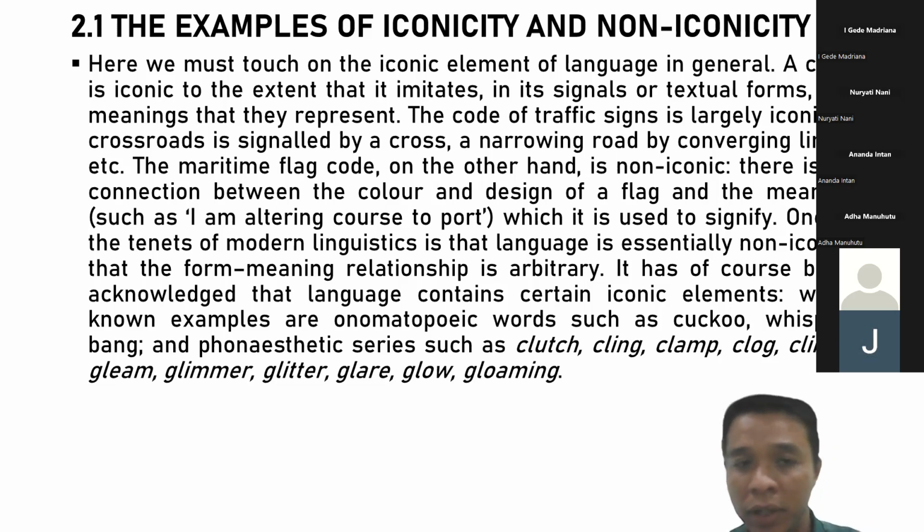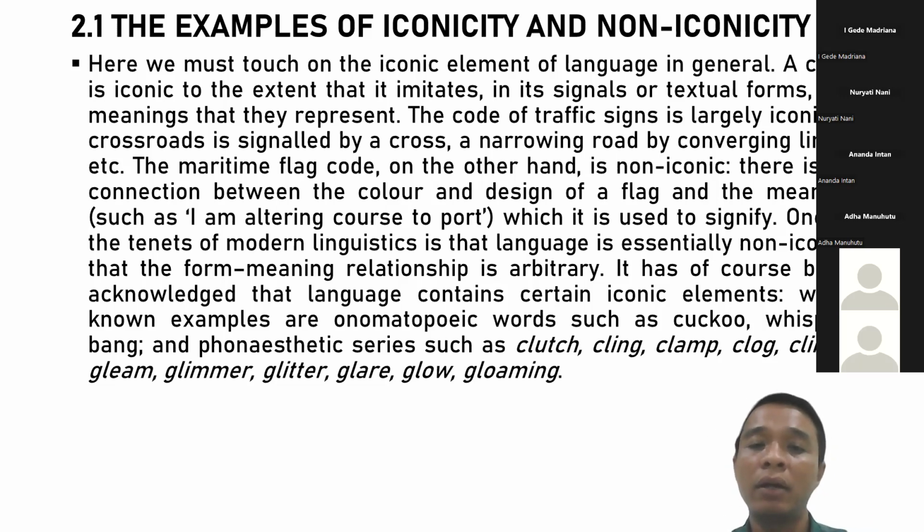So what is the difference between iconicity and non-iconicity? From the slide, you can take the comprehension that the code of traffic signs is largely determined as iconic.